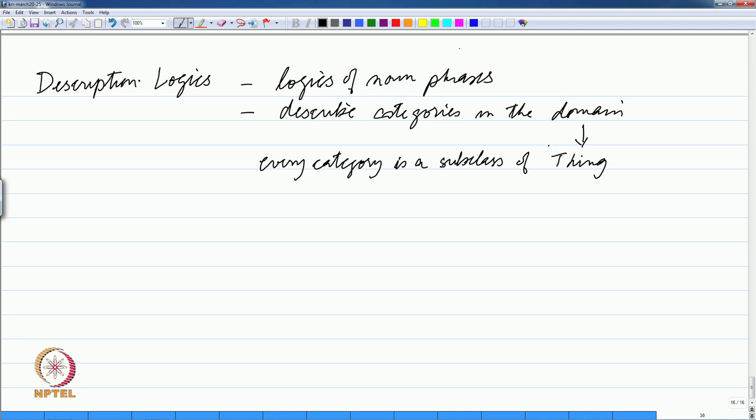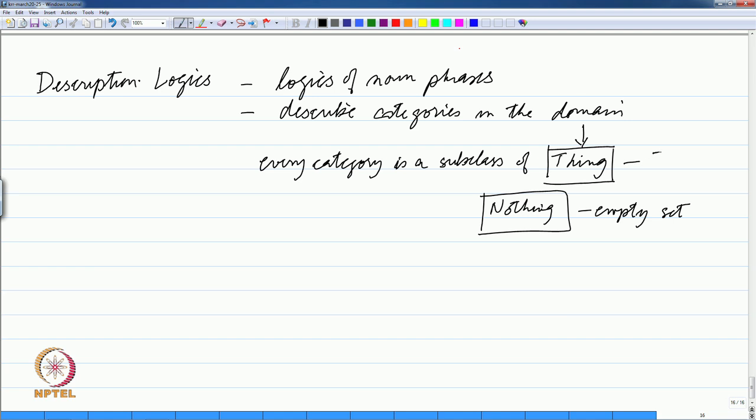Thing is a name that we use for the entire domain, and corresponding to thing we also have nothing, which corresponds to the empty set, or which does not describe anything at all.